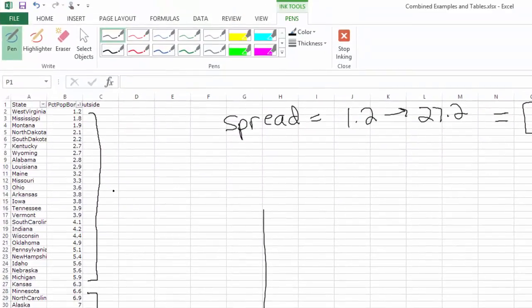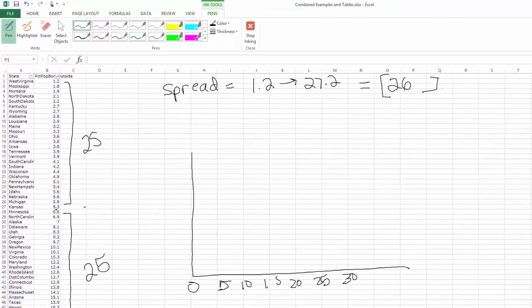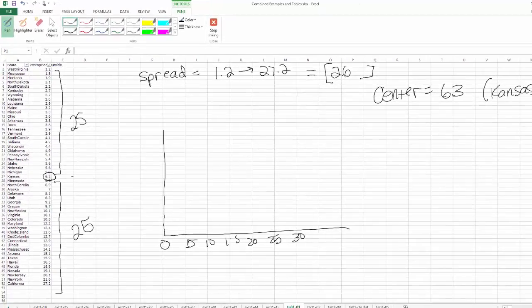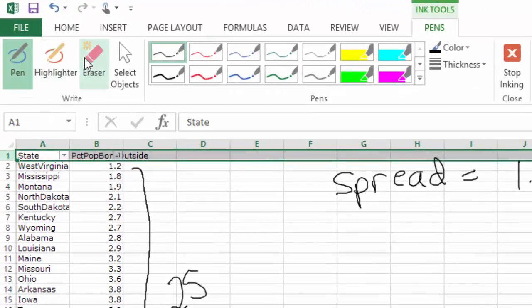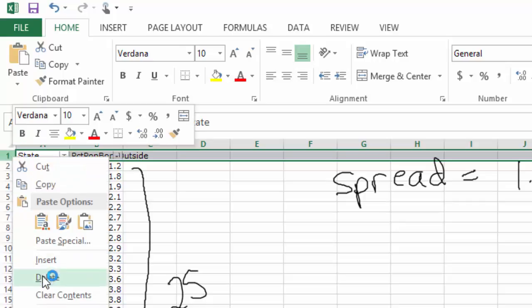You can count them, but there's 25 of them here, there's 25 of them here, and the middle one right there, the center or the median, is 6.3. In this case, it's Kansas. It might help in some cases, if you like that, you can actually delete this row up here, and it might help you with your counting.